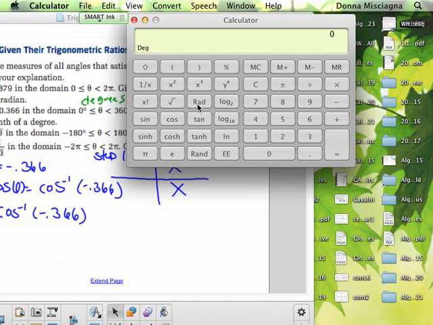So we have 0.366, and I have to do the negative last. And then we want arc cos, so I'm going to do shift, and then arc cos. All right, and so my answer is 111, we'll round to 3 decimals, 0.469 degrees.